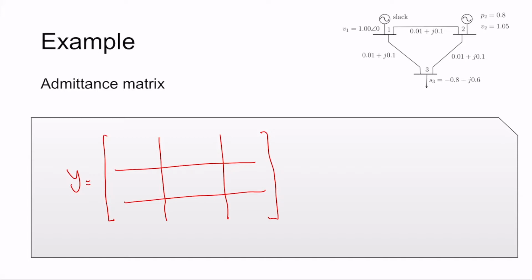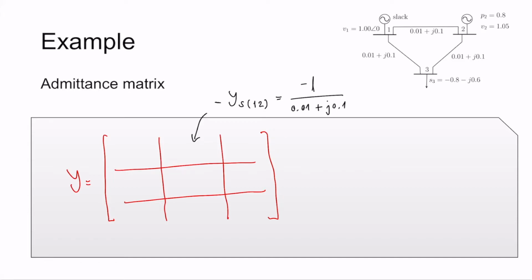What are the values of the non-diagonal elements? In this, we will have minus y series that go from 1 to 2. And this value is minus 1 over 0.01 plus j 0.1.